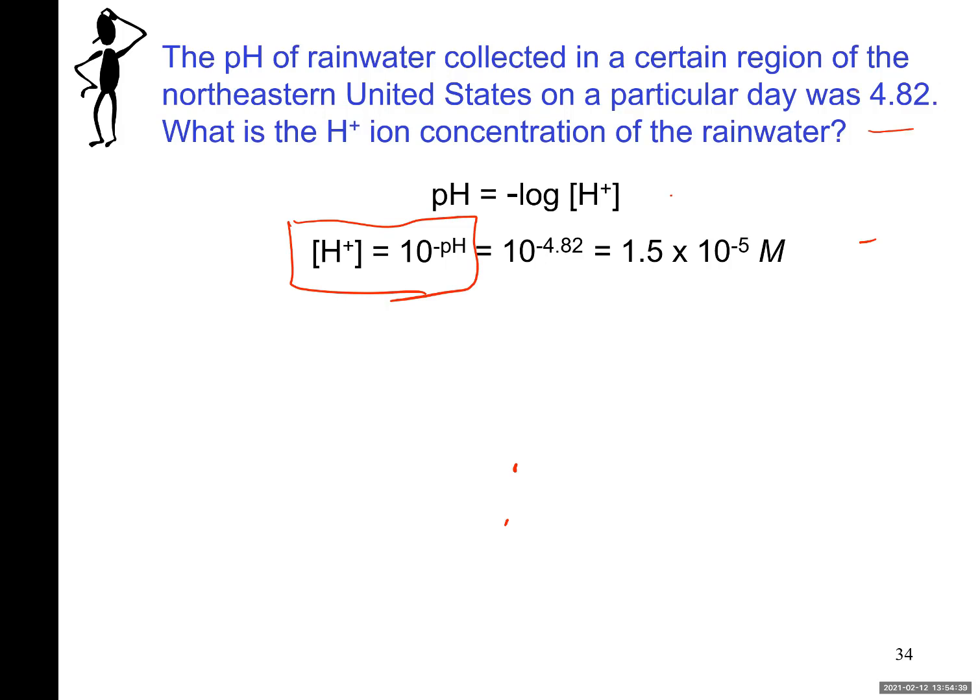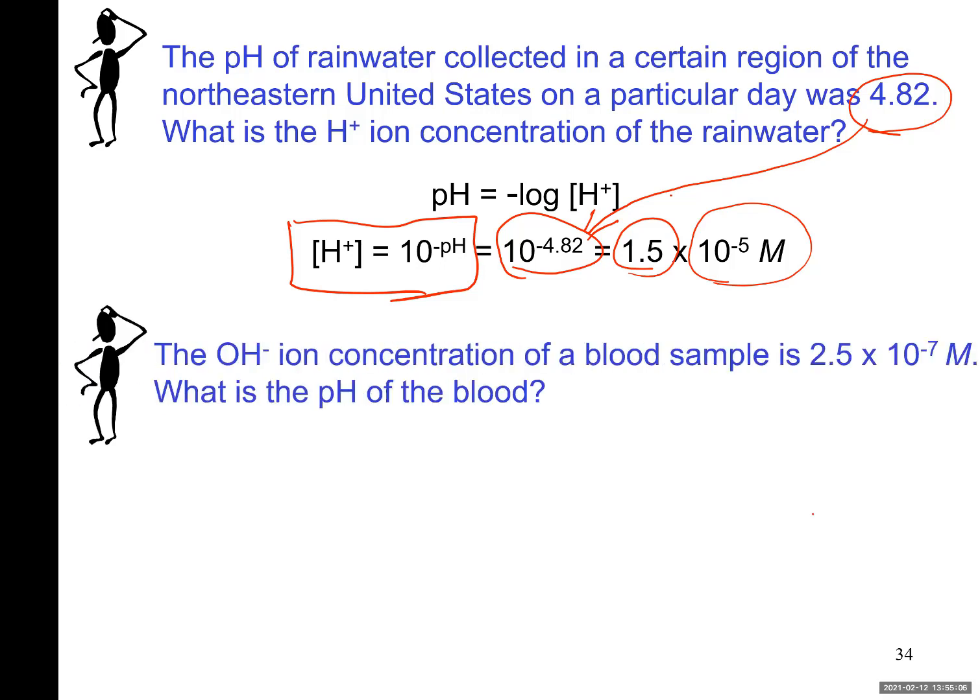So we gave you pH 4.82. So hydrogen ion concentration should be equal to 10 to the power of negative 4.82, where 4.82 is coming from the pH. If you enter this number in your calculator, 10 to the power of negative 4.82 is 1.5 times 10 to the power of negative 5. I hope this makes sense.